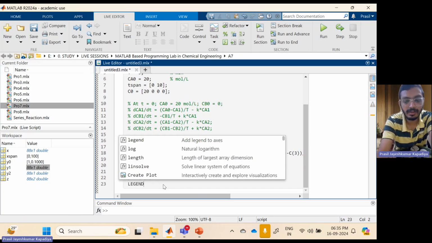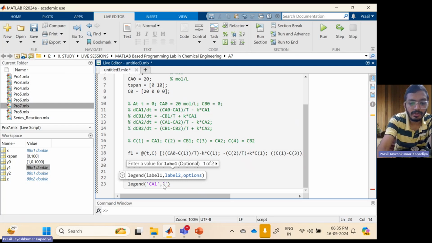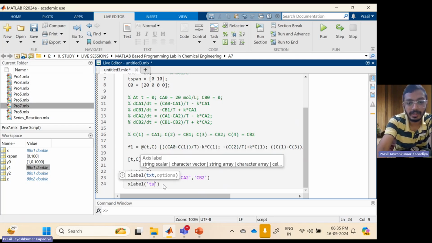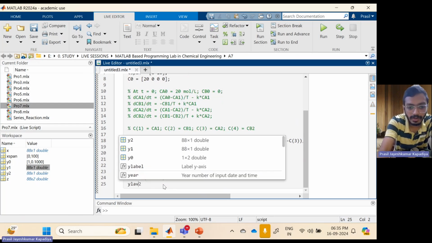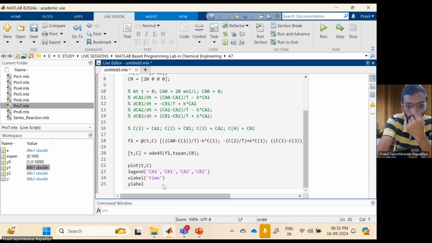Then I will use a legend: the first value is my A1, the second value is B1, my third value is A2, and my fourth value is B2. Correct? My X label is time. My Y label is concentration.